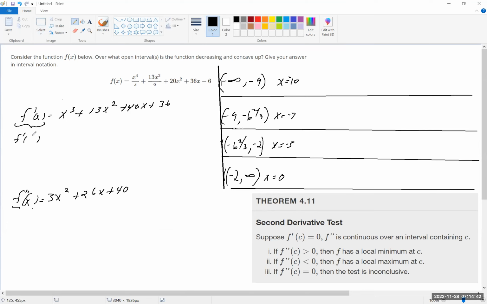So we're going to go ahead and plug in a -10. And then we're going to plug in all our critical values.